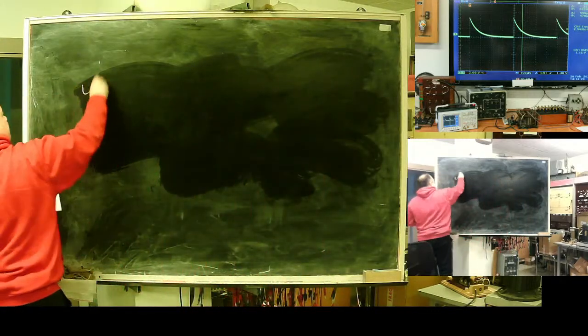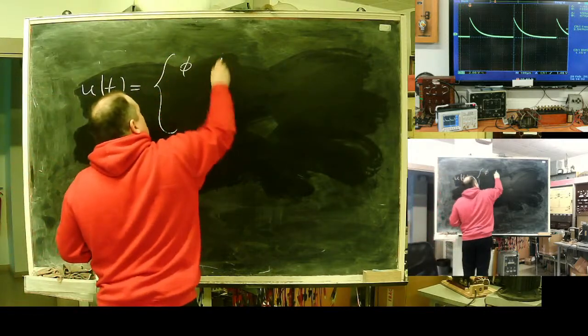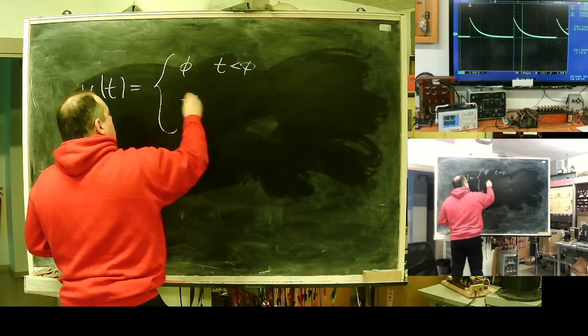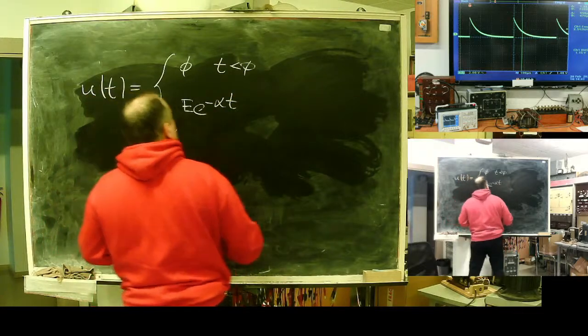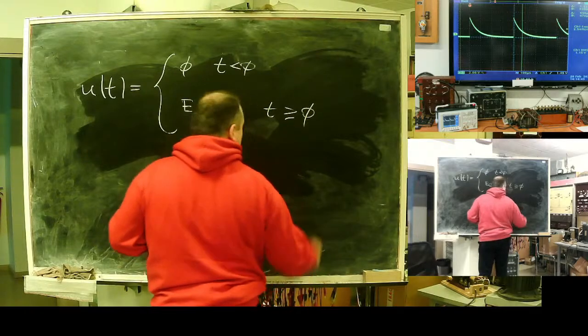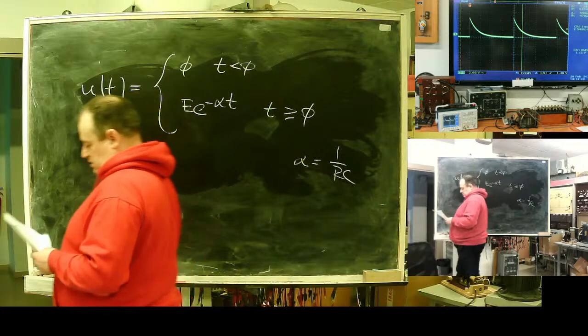I have one pulse being 0 when time is less than 0, and e to the power minus alpha t, a decaying exponent, if time is greater than or equal to 0. In my case, alpha is 1 divided by RC.